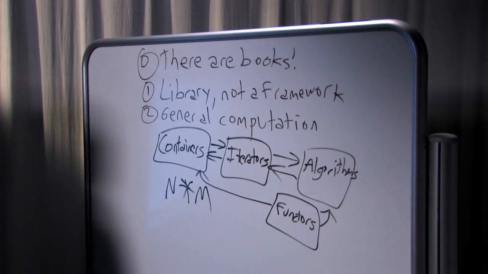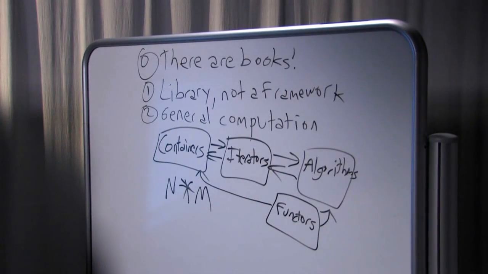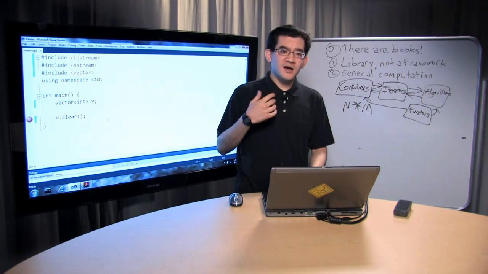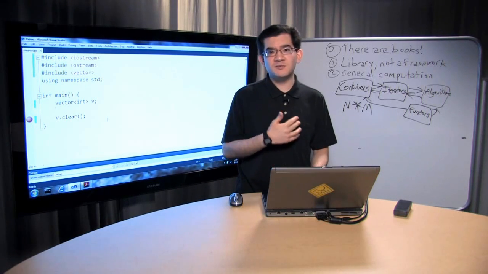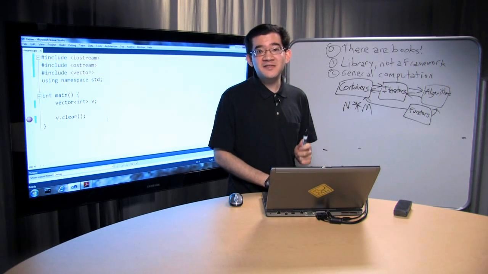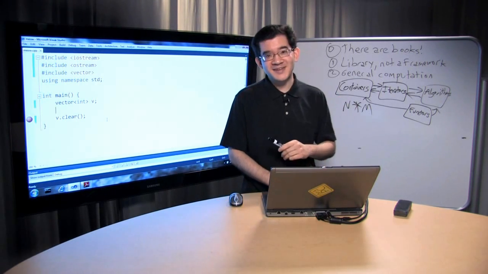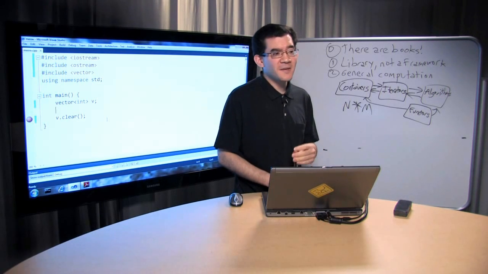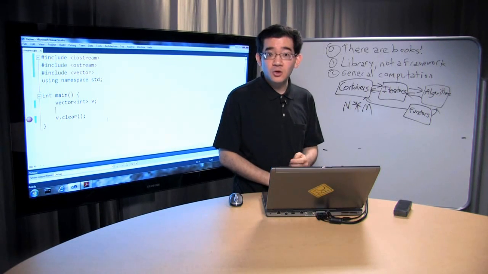If you have n containers like flexible arrays and doubly linked lists and singly linked lists, and m algorithms like a sorting, a replacement, a removal, and they're all member functions of the containers, then you have to write n times m implementations of those algorithms. That's actually really obnoxious, hard to maintain, and difficult to learn.